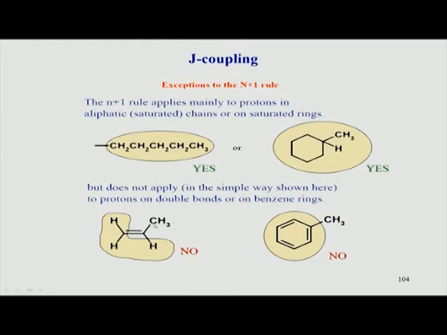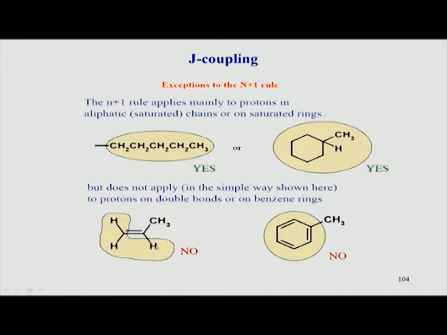So, if you ignore this hydrogen for the time being, even if you consider this hydrogen's coupling to this and this, you may think that there are two hydrogens, so its coupling will be n+1, that is a triplet. You may expect this hydrogen as a triplet, but that is not correct, because the coupling of this hydrogen to this hydrogen is not the same as its coupling to that hydrogen.